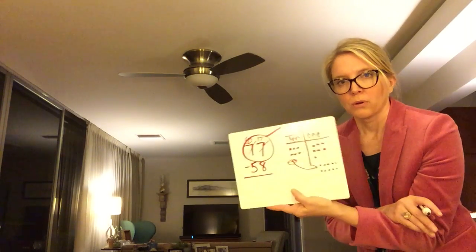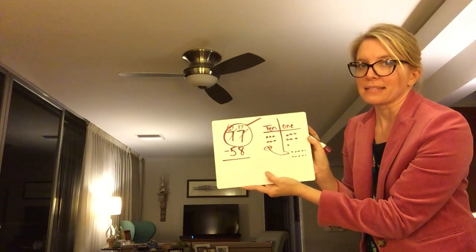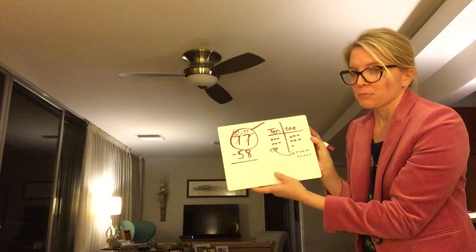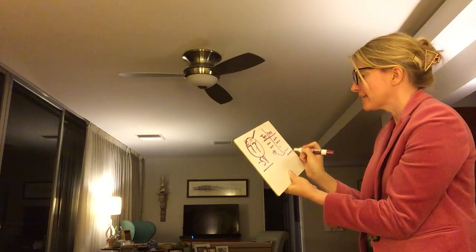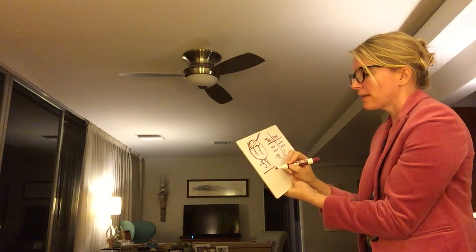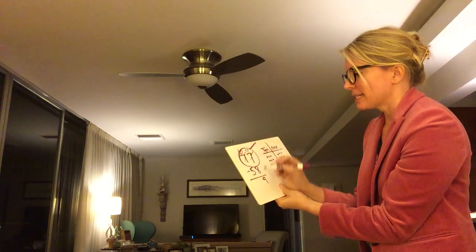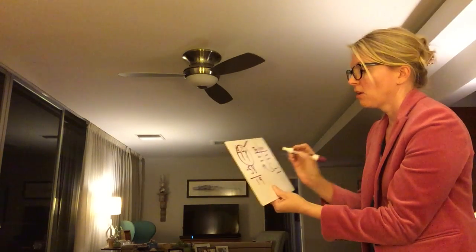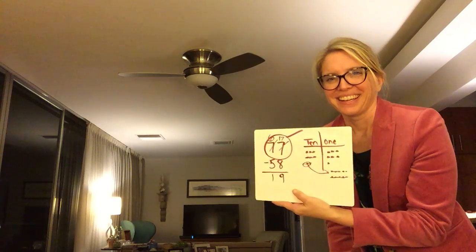And so we regrouped 77 into 6 10s and 17 1s. Now we're ready to subtract. And when we take away 8, we are left with 9 1s. And when we take away 5 10s, we're left with 1 there.